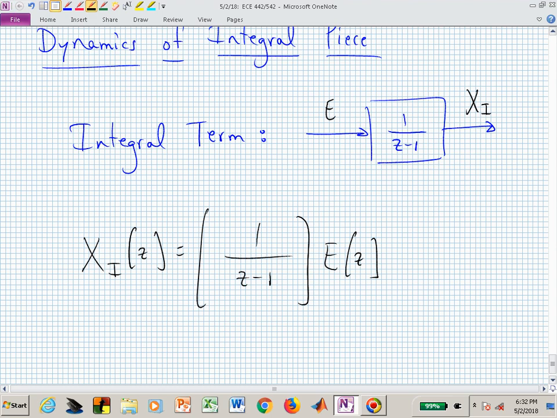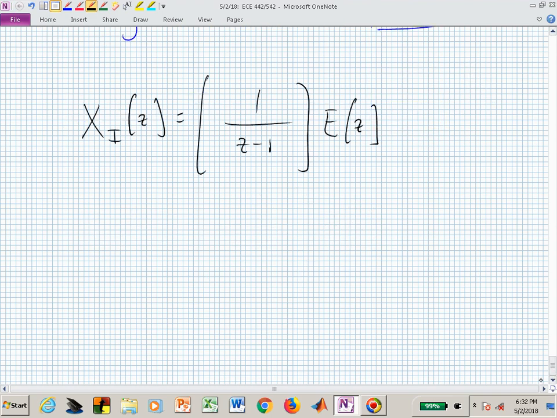Now we want to take that into the time domain. And maybe before we take it into the time domain, we want to see these steps. Let's cross multiply and just make this one equation. Forget all these ratios.